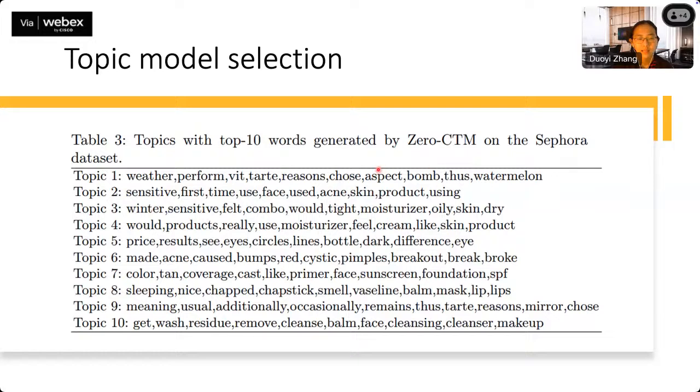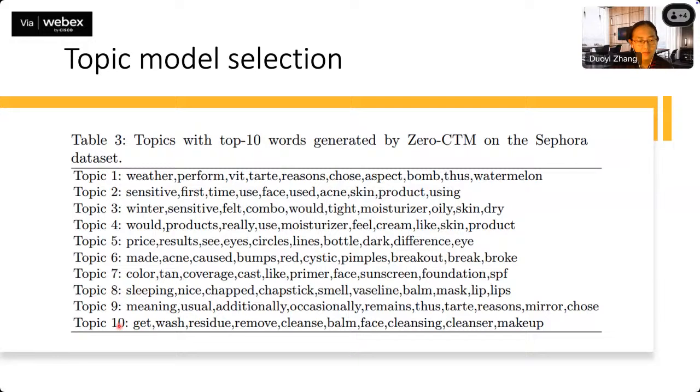It looks like feedback regarding products with watermelon flavors. The second topic contains sensitive, first-time use, face, acne, skin, product, using. So it looks like discussing using certain products for sensitive or acne skin.